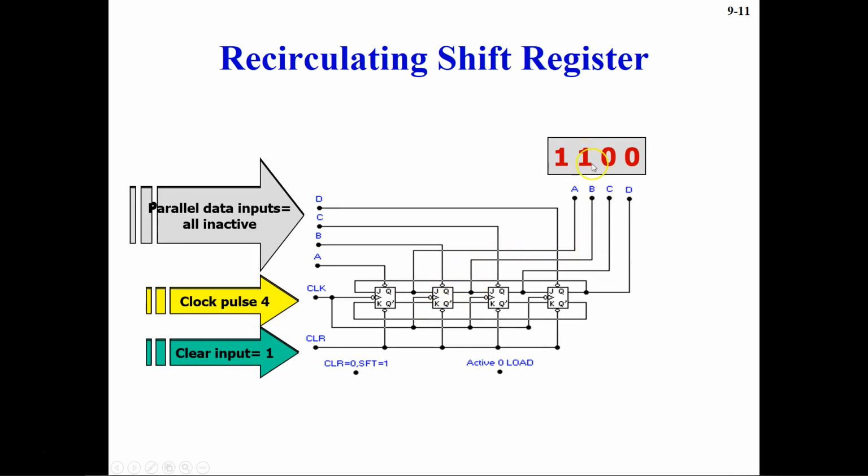That's why you see 1 here, and then this Q will remain at 1. The reason is that the previous output which was here was 1, and that's why you got 1 here. And then let's see next. So you will get 1 1 0 0.